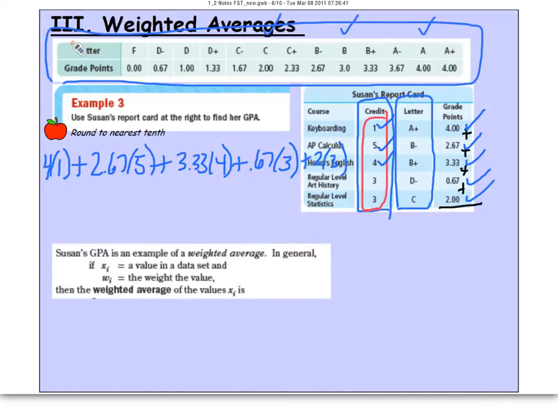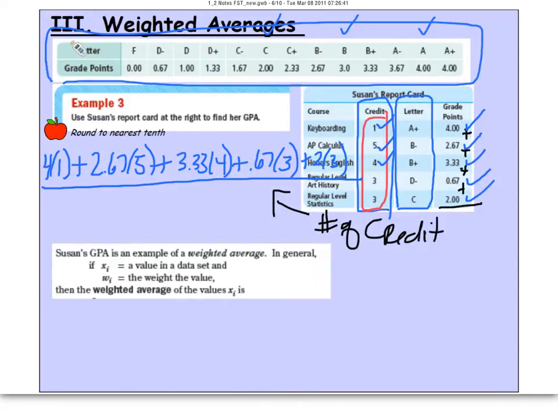Okay. Now be careful. What did we tally up here? This is her GPA, not per class, but her GPA per credit. So down here has to be the number of credits. So if you add up all of her credits here, we're going to end up finding that she has 16 credits in total.